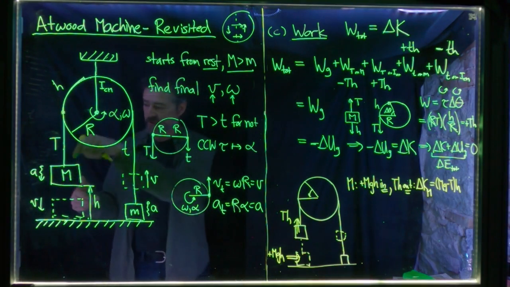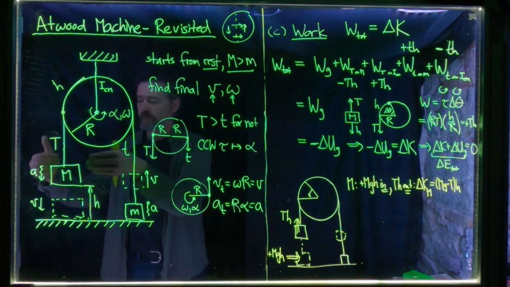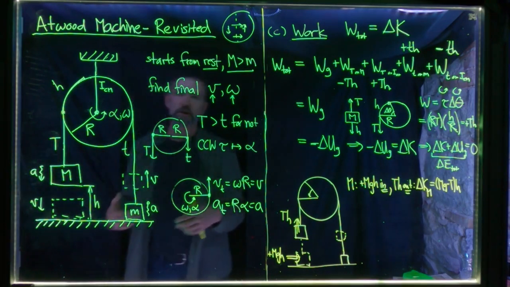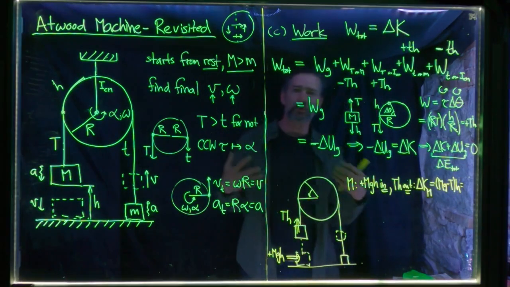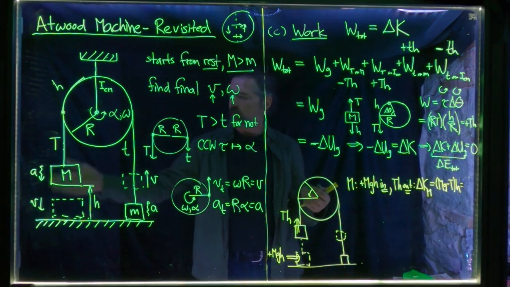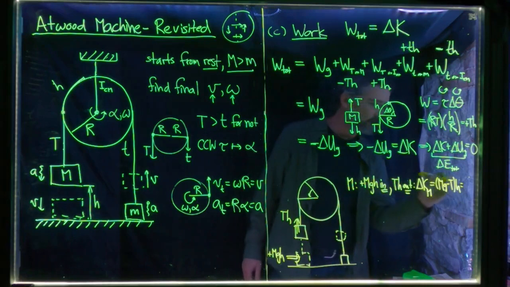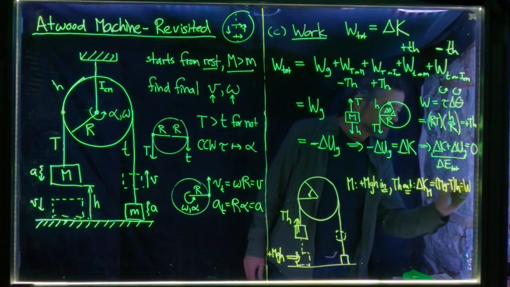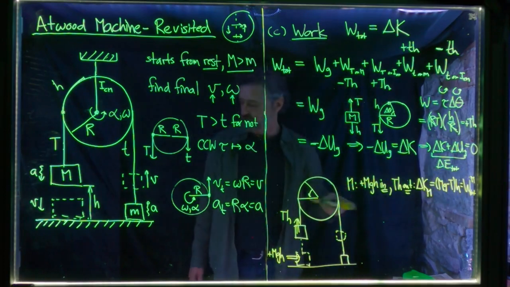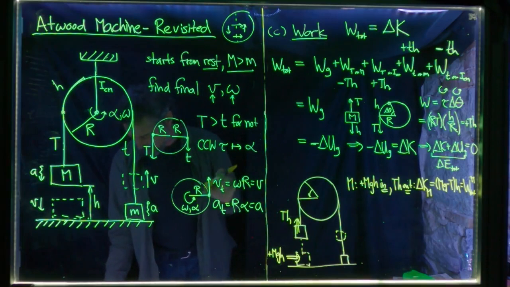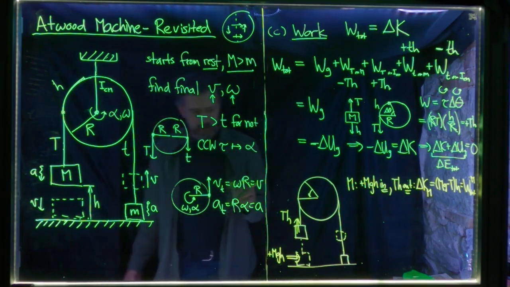The net force is mg minus T, and that force acting over displacement h is the net work done. (mg minus T)h is the net work done, which is the energy transferred to M, which is the change in the kinetic energy of M. So that's the net, or the total energy transferred to big M. So W total superscript M. Okay, so that, first of all, makes some kind of sense, hopefully.